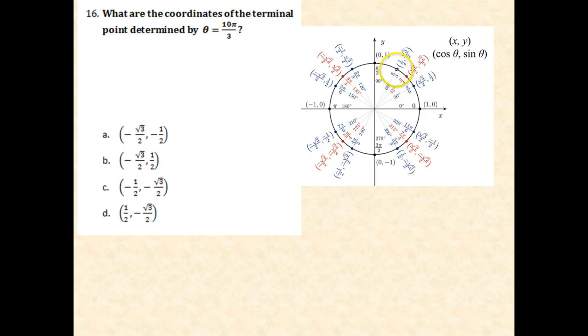Here's 1 pi over 3, 2 pi over 3, 3 pi over 3, 4 pi over 3, 5 pi over 3, 6 pi over 3, 7 pi over 3, 8 pi over 3, 9 pi over 3, and 10 pi over 3. So it looks like negative 1/2, comma, negative radical 3 over 2.